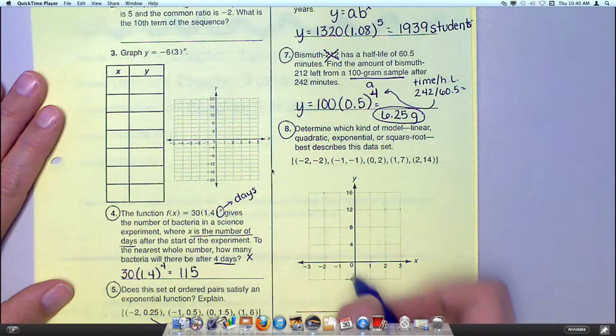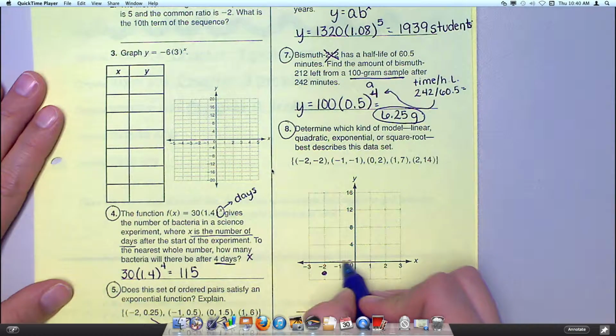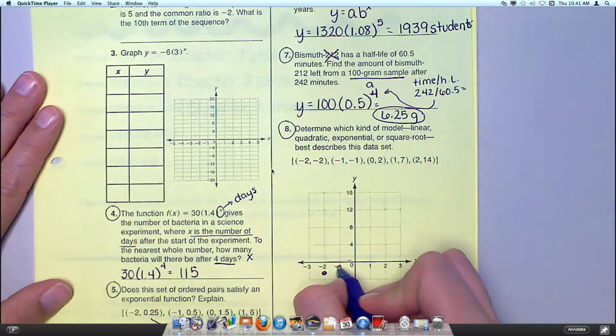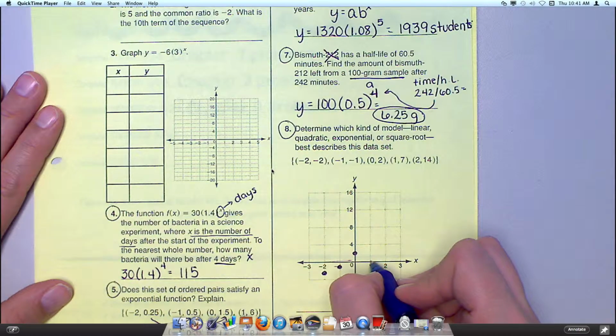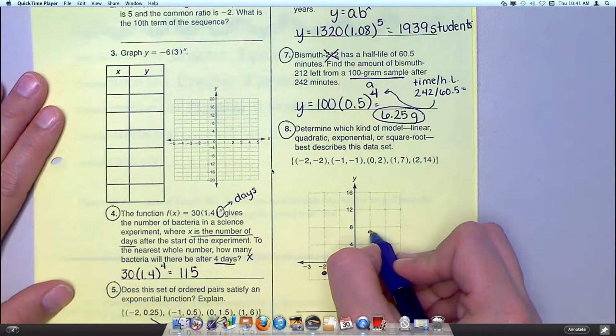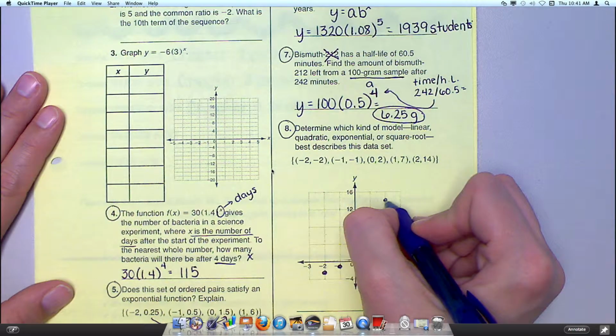It is super weird. So -2, -2 would be like halfway between 0 and 4. -1, -1 would be like this. 0 and 2 would be like this. 1 and 7. And 2 and 14.